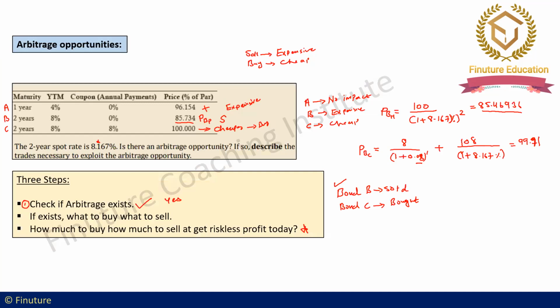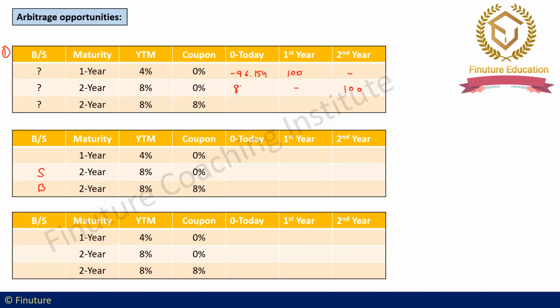Similarly, bond B is bought at 85.734. I'm just writing minus. Just imagine that you are buying it and it becomes 100 at year two. And the third bond, you buy a bond, we'll see at what price.